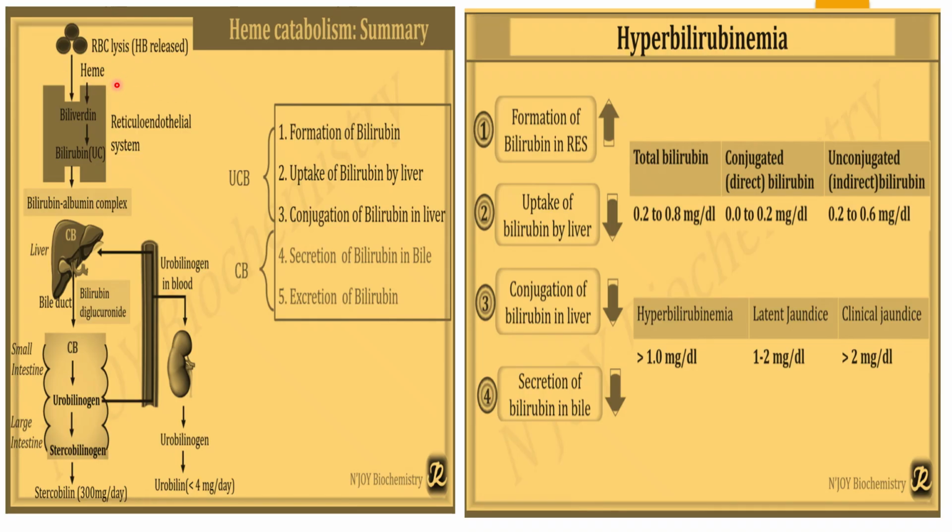Via the reticuloendothelial system, this heme is converted into bilirubin via biliverdin, and then via the bilirubin albumin complex, it reaches the liver via some active transportation method. This bilirubin enters into the liver hepatocyte.